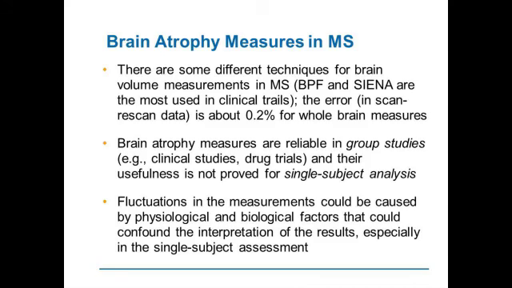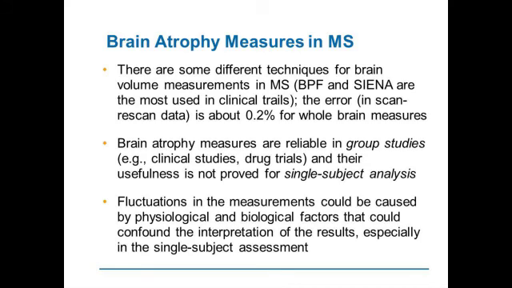We do know that brain atrophy measures are quite reliable in group studies, that is for assessing treatment effects in clinical trials at group level, but their usefulness is not really proved for single subject analysis.